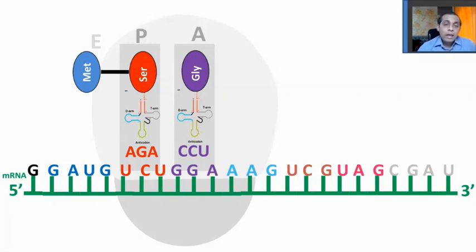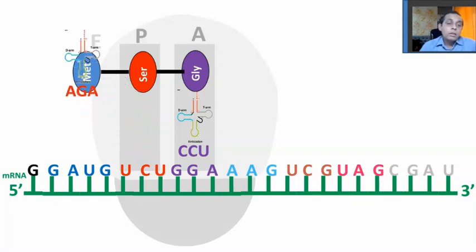Now once again, as expected, the P site is supposed to make the peptide bond between serine and glycine, and the chain is getting elongated. Again, the exit of the second tRNA which came, and movement of the ribosome translocating to the next codon.